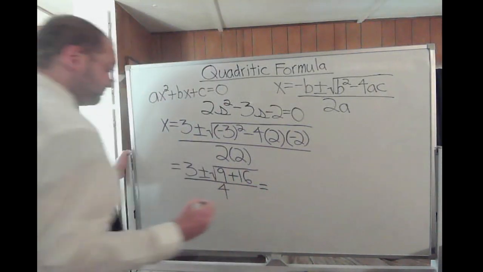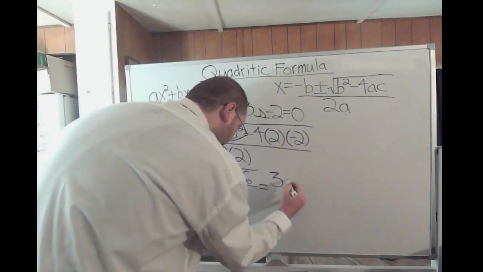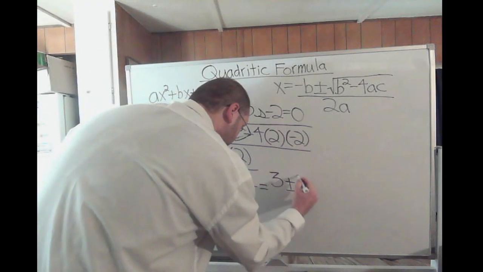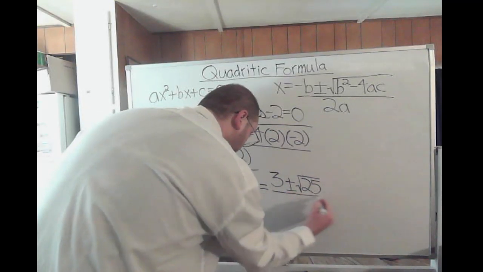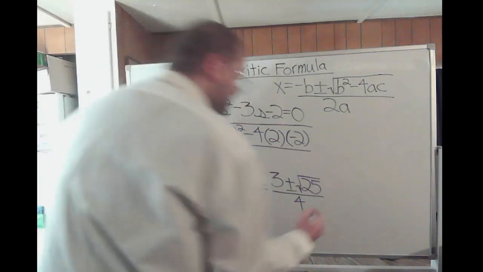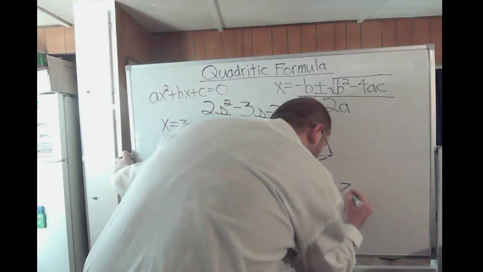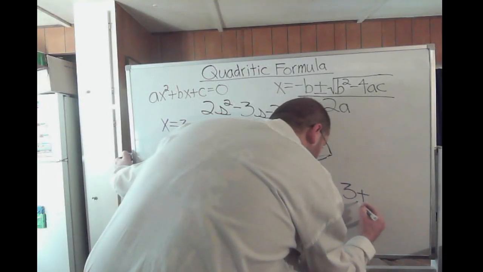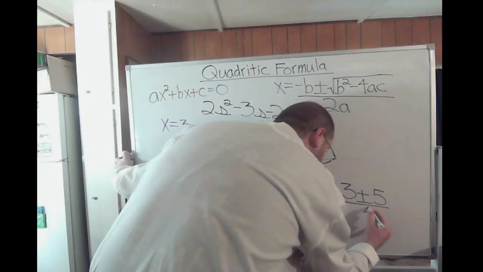Which now you're going to have 3 plus and minus the square root of 25 all over 4. So now we know the square root of 25, well, that's 5. So you'd have 3 plus and minus 5 all over 4.